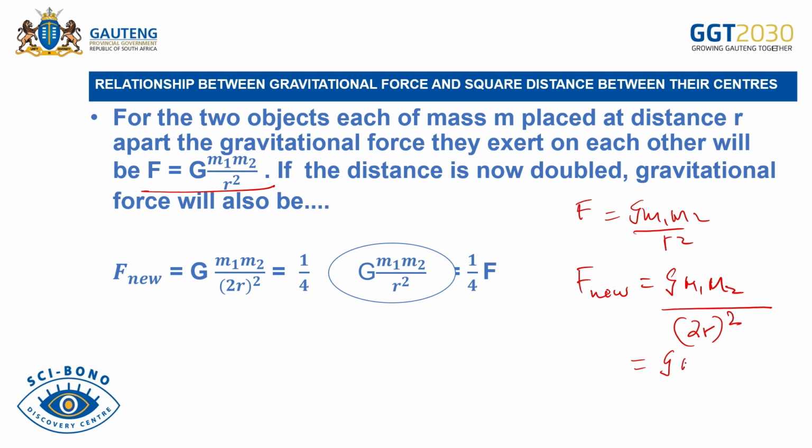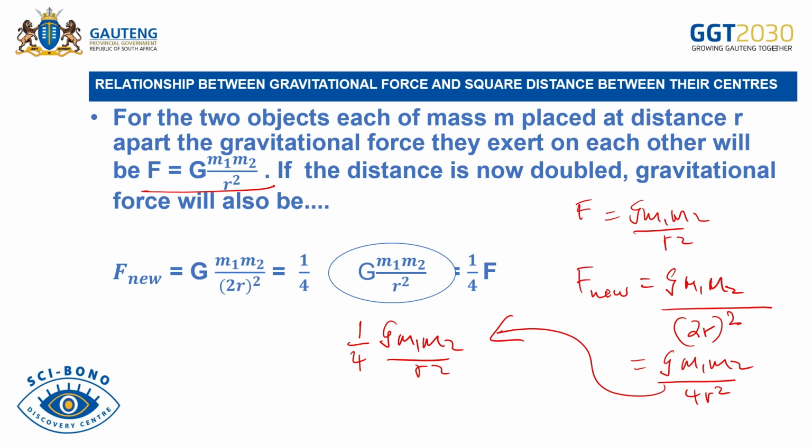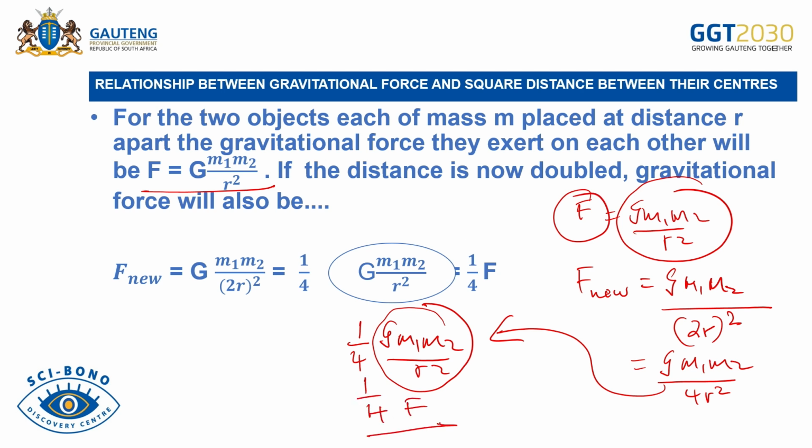I'm having G m1 m2 over 4 r squared, which is the same as 1 over 4 times G m1 m2 over r squared. But let's not forget that this G m1 m2 over r squared is F. So it's 1 over 4 F. Here we are just working with proportionality.